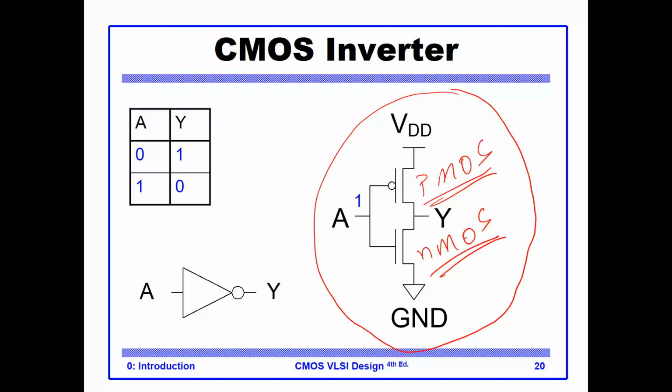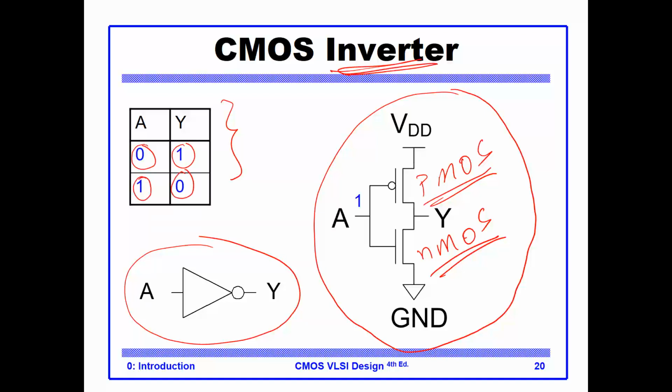So this is the circuit schematic, this is the logic symbol, and this is the truth table. Whenever the input is 0, the output is 1 because it is an inverter, and when the input is 1, the output is 0. Again, this is introductory material. We're not diving into many of the details just yet, and we'll go through the details throughout the course.